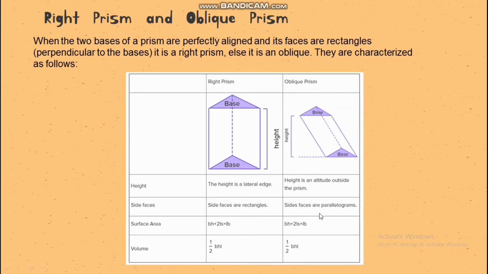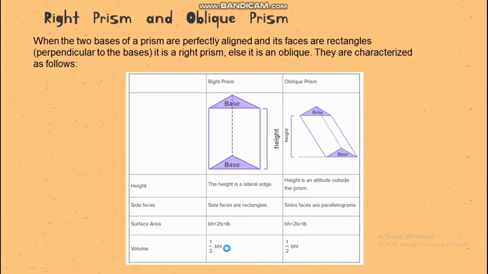Surface area of right prisms: B multiplied by H plus 2LS plus LB. Volume: 1/2 BHL.